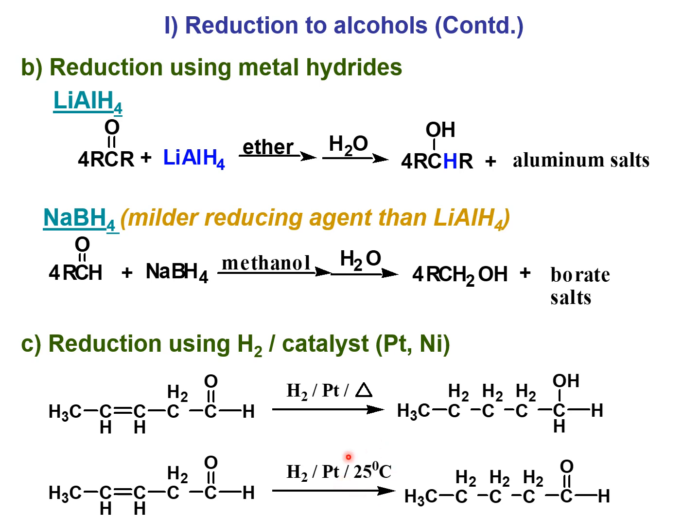However, if you perform this reaction at only 25 degrees centigrade, you will retain anything in the side chain. It will be selective only to the aldehydic group. The product is missing a double bond here, so the double bond will not be affected. This double bond stays unaffected if you perform this reaction at 25 degrees centigrade.